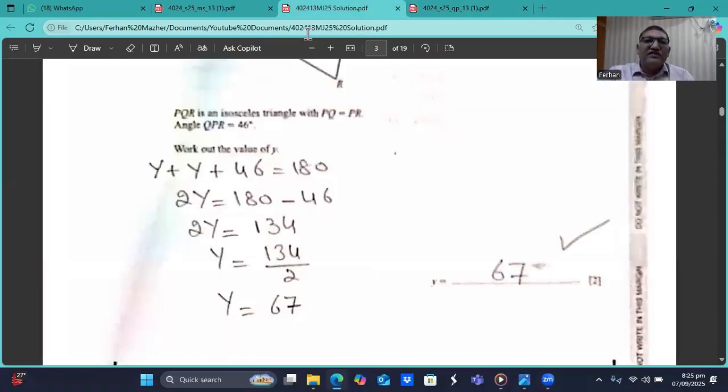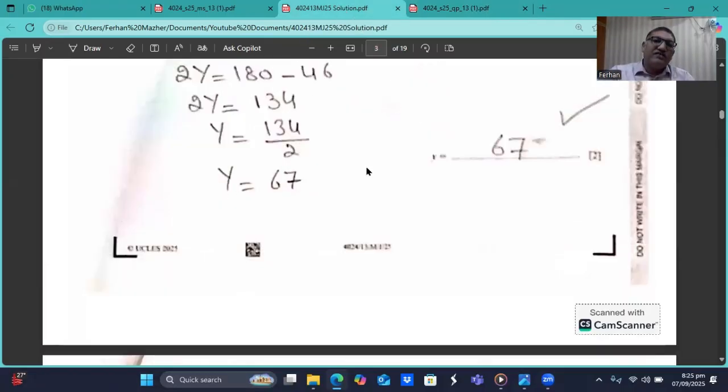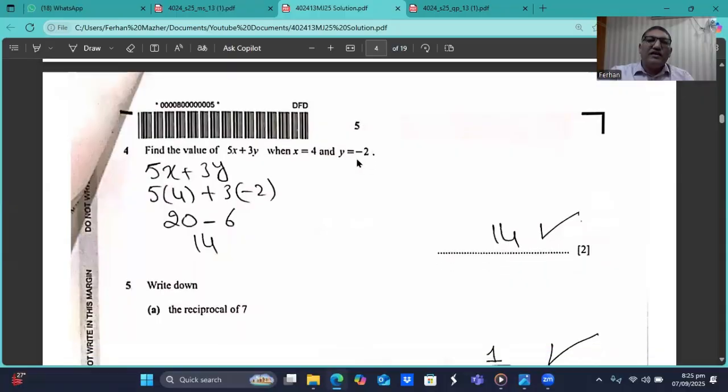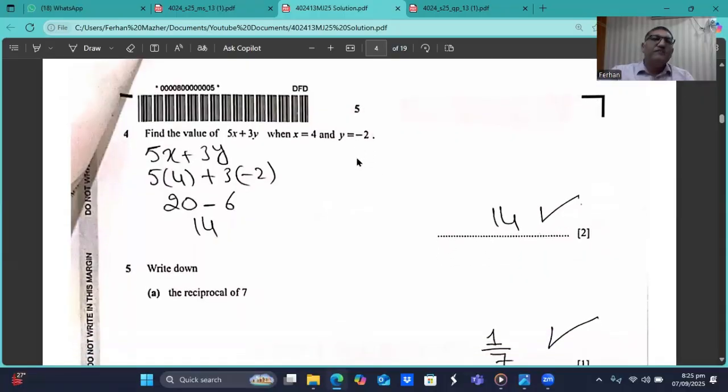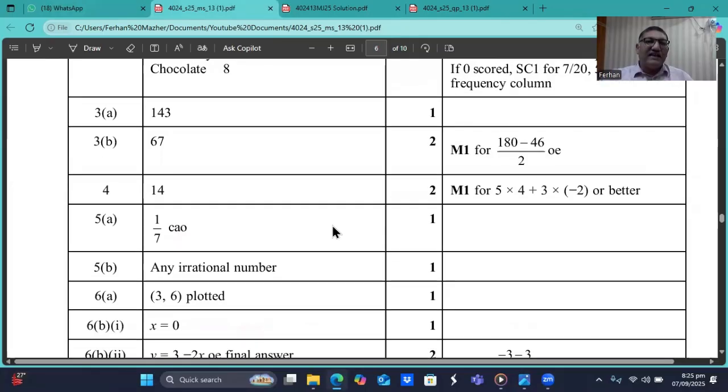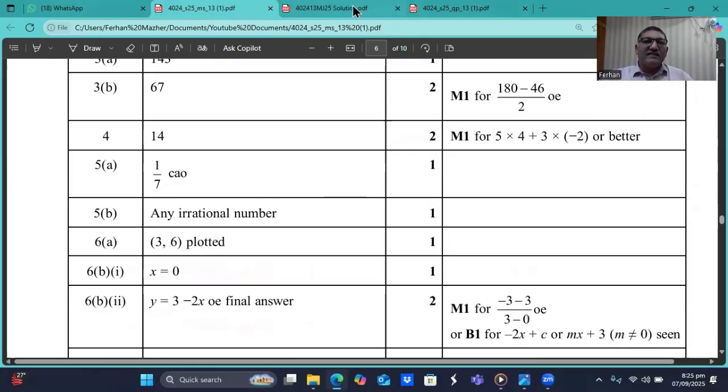So it's a very simple and straightforward question. So here it comes on your screen. 5x plus 3y, 5 into 4 plus 3 into minus 2. So that's 20 minus 6, and that's 14. So 14 is the answer to question number 4, which is the right answer.